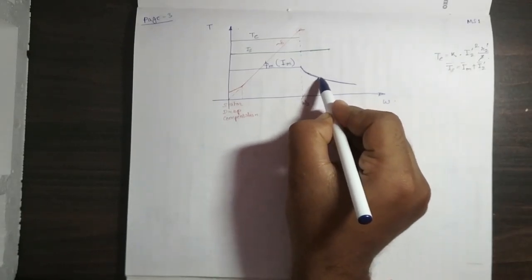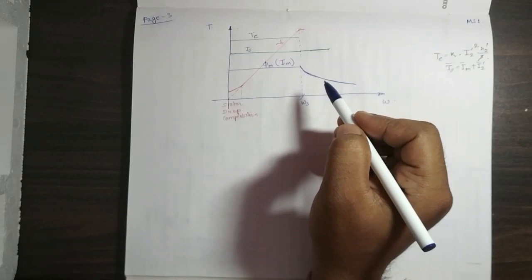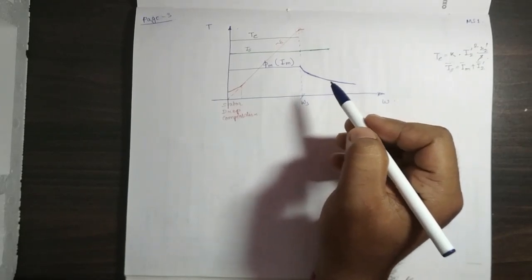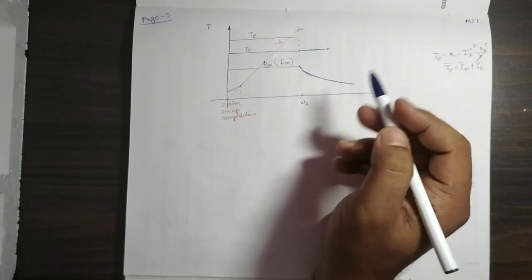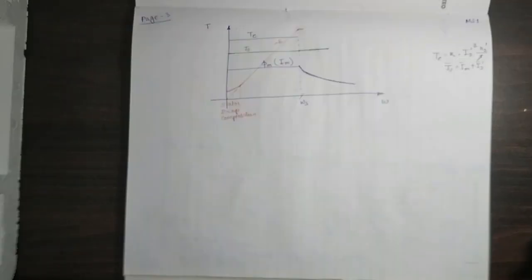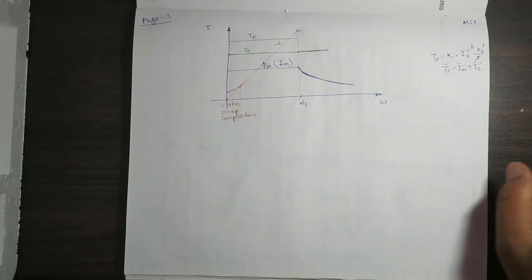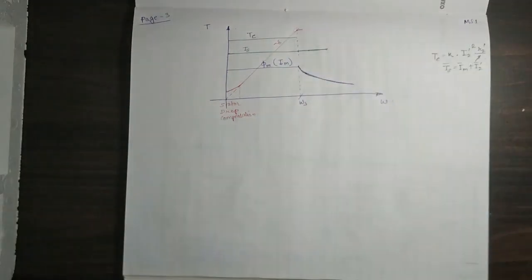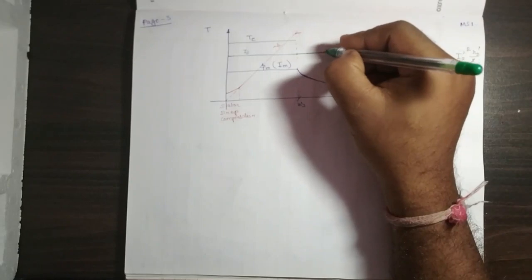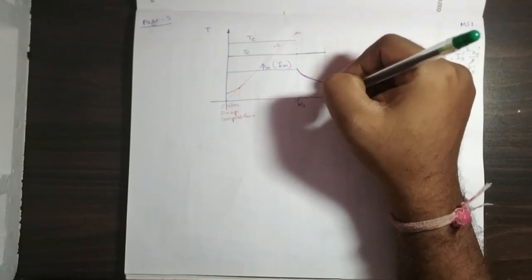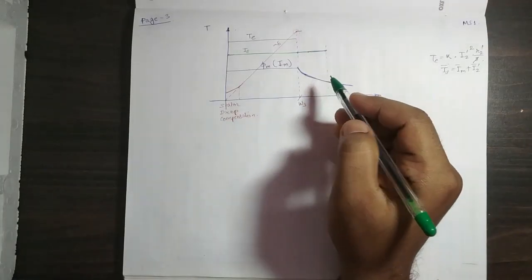This is the same concept that you have learned in the DC machine: to go to a speed above the rated speed, you have to decrease the flux.